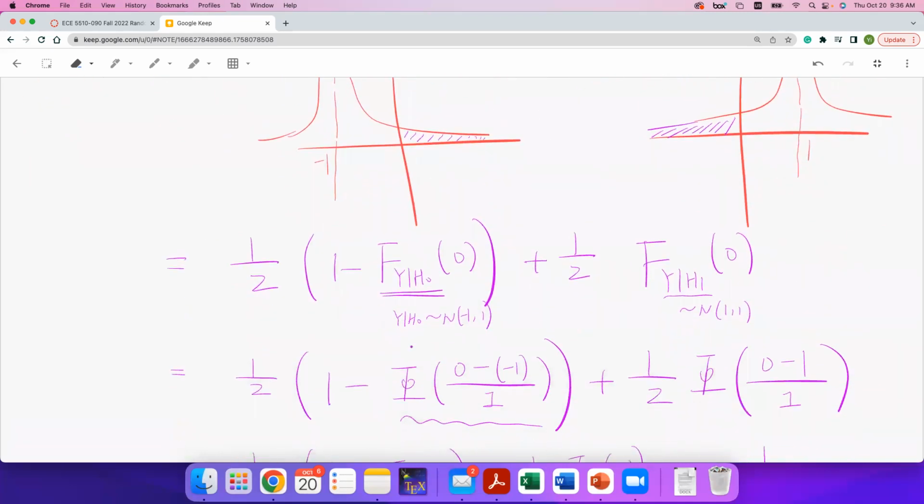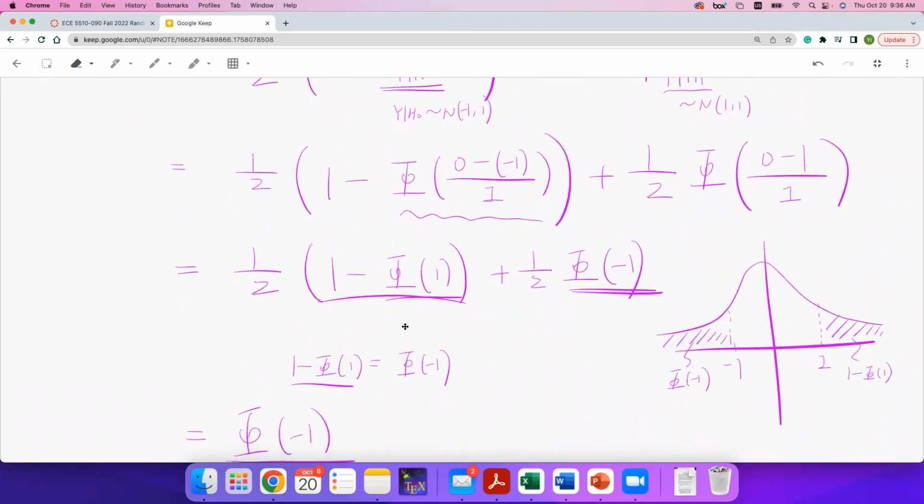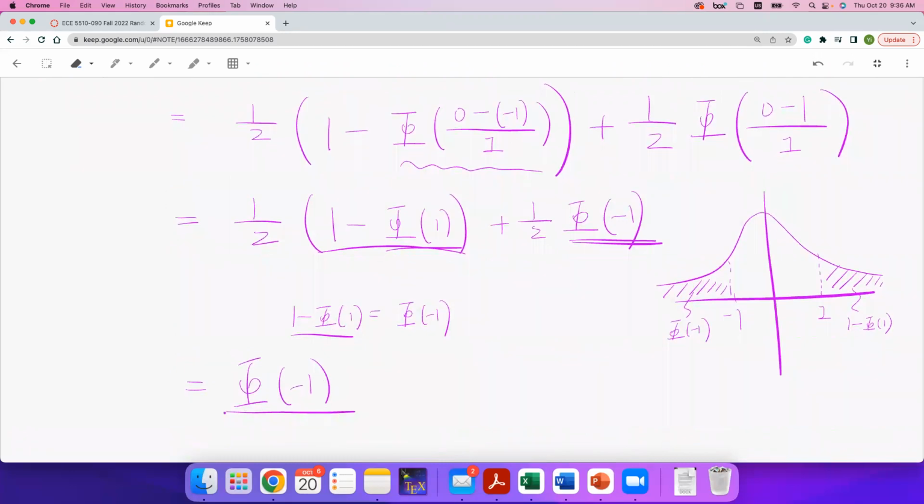So in most cases, when we model the PDF as Gaussians, in the end, your result can be simplified by using the CDF function of the standard Gaussian. Okay, so this is everything about hypothesis testing.